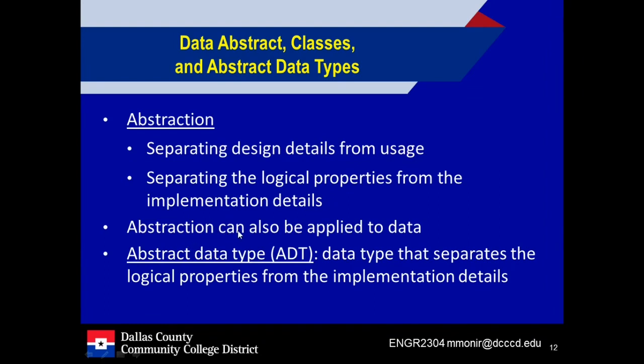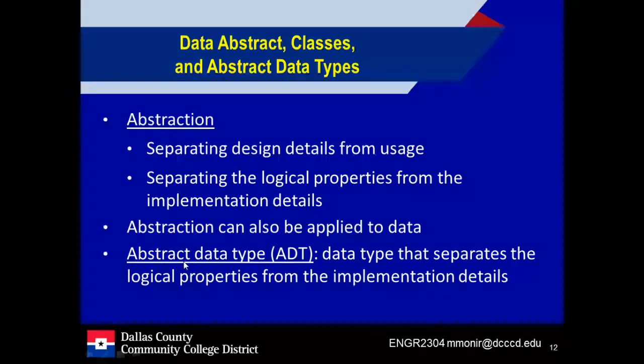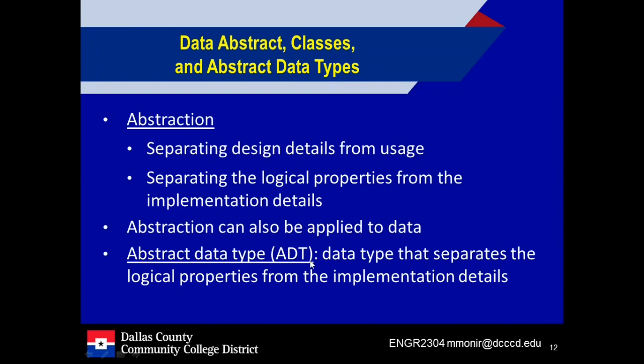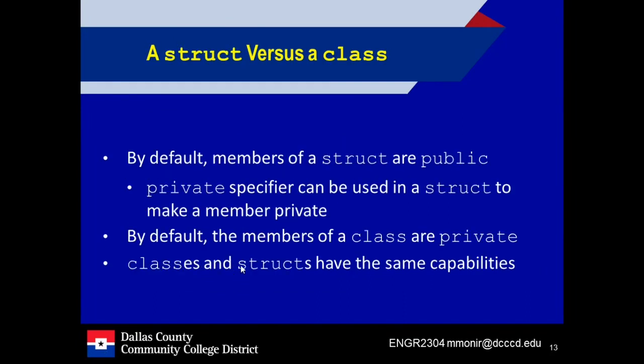This abstraction can also be applied to data, and abstract data types are those which separate the logical properties from the implementation detail. I've already discussed the little difference between a struct and a class. Let's see what this slide says: by default, members of structs are public.